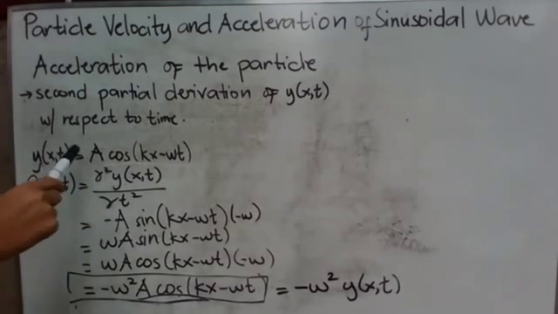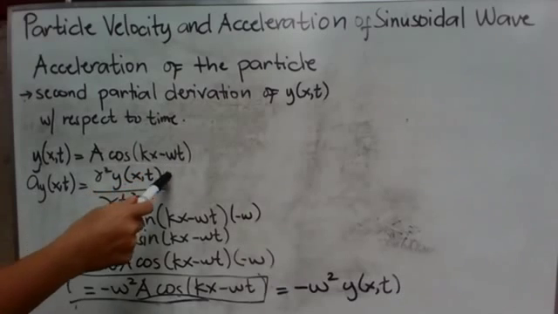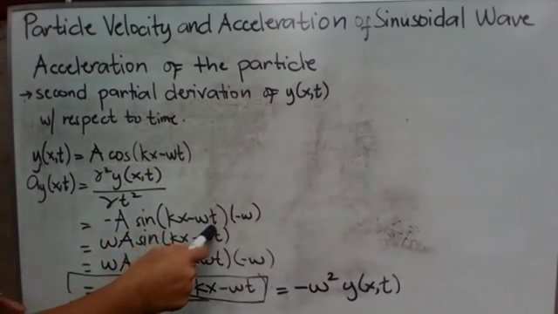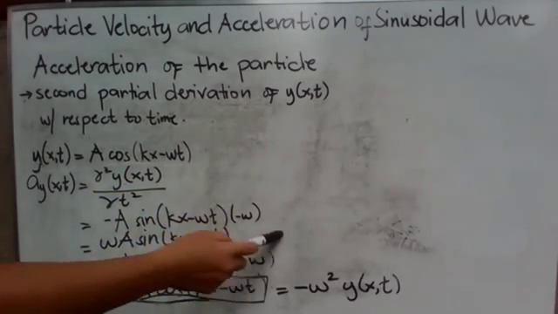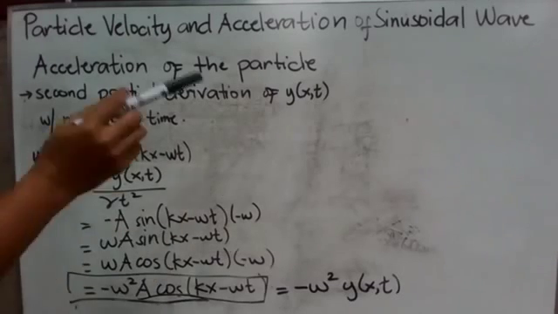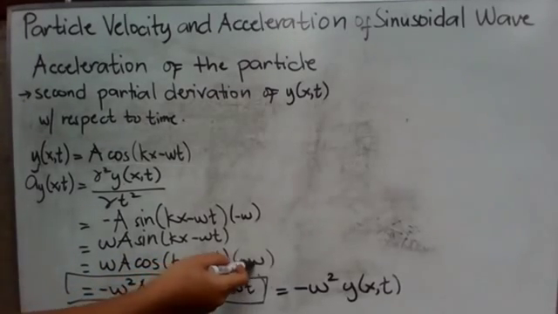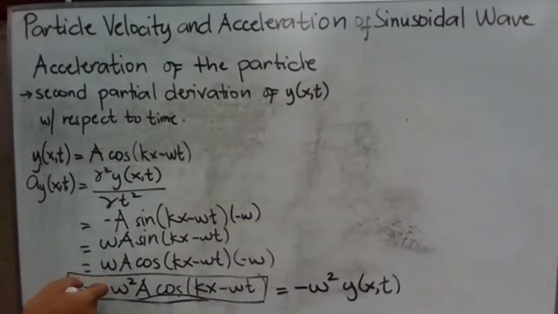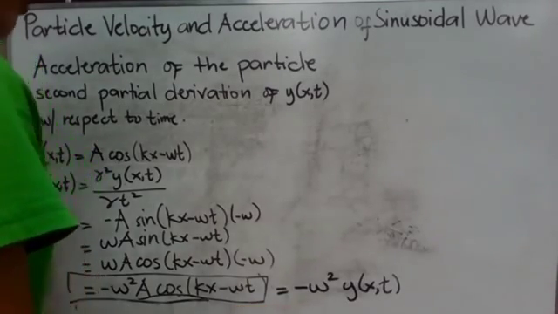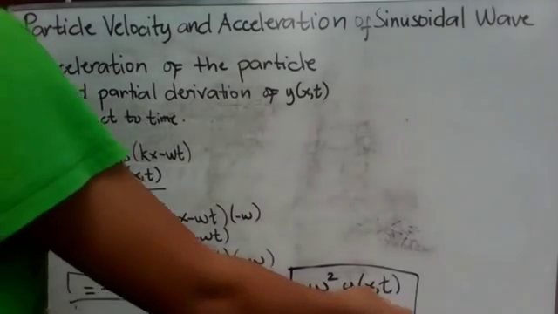Using the wave equation, the derivative of cosine gives a negative sign, copy kx − ωt, and then the derivative of this is negative ω, so negative times negative gives ωA sin(kx − ωt). Then take the derivative again: the derivative of sine is cosine(kx − ωt), and the derivative of the inside gives negative ω, so we have negative ω² A cos(kx − ωt). This is the equation of the acceleration of the particle, which we can simplify into negative ω² y(x,t).